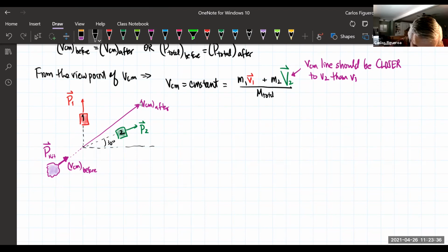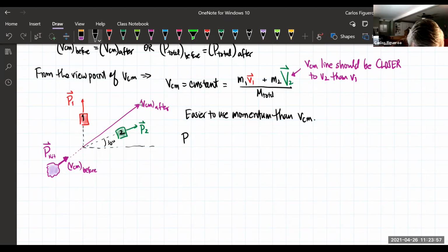So what we do then is that now that we see what the center of mass is looking like, we're going to find here that it's easier to use momentum than V center of mass. So here we go.